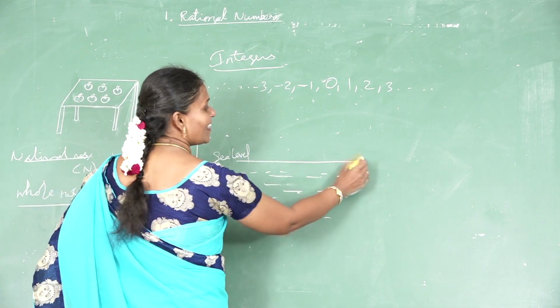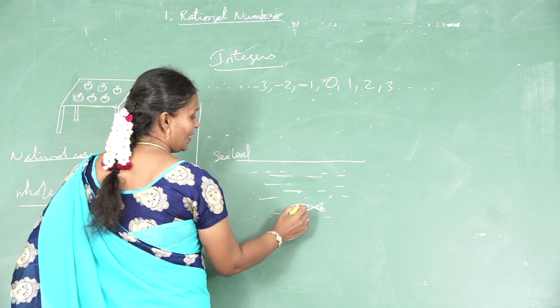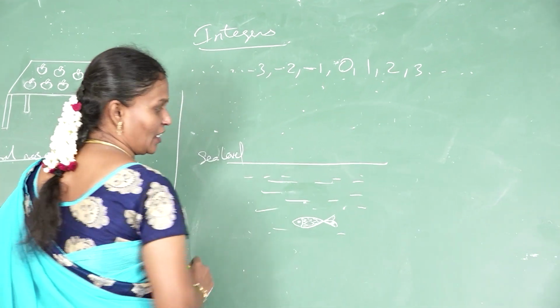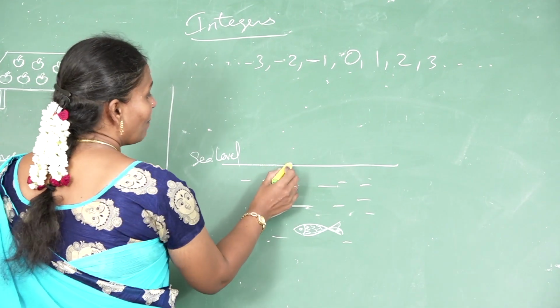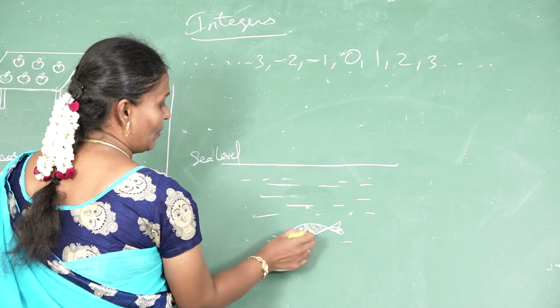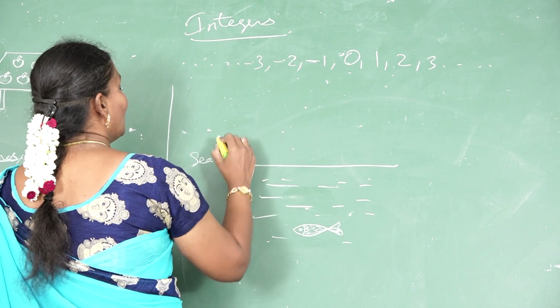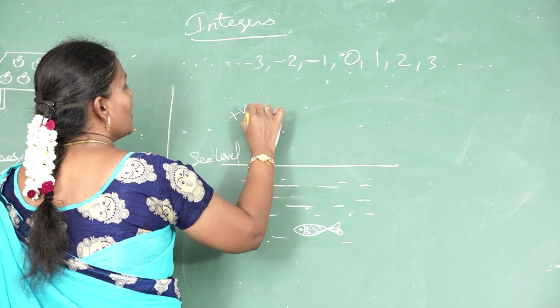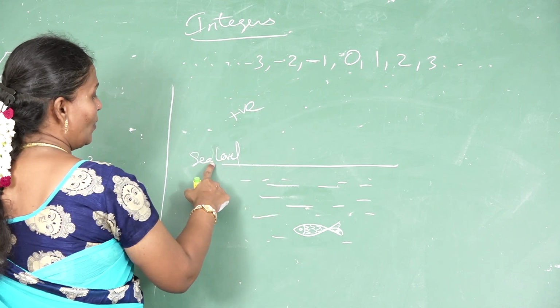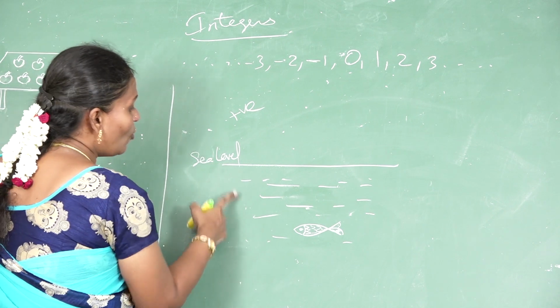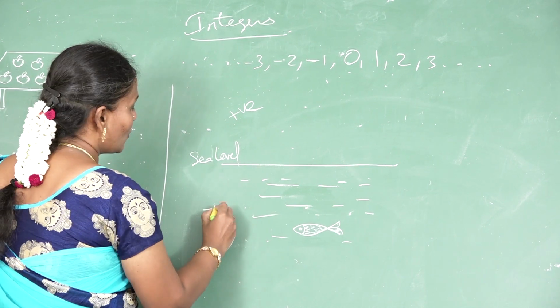See here, this is the sea level. See, the portion of the fish is below the sea level. Above the sea level we consider positive. The sea level is 0. Below the sea level is negative.